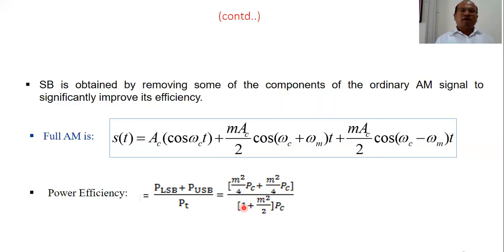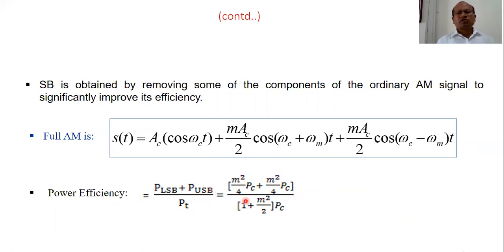So this is how we define power efficiency. Now remember, when you do not send one of the sidebands, this particular term will not be there, so lesser power will be required.